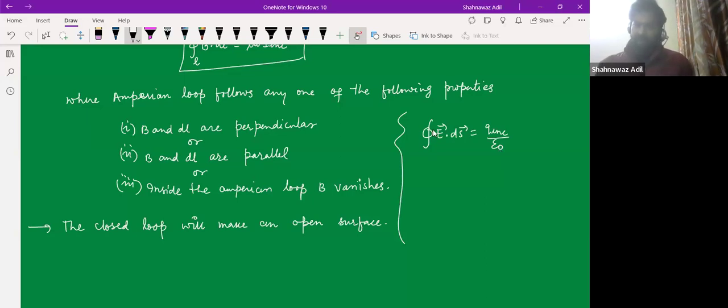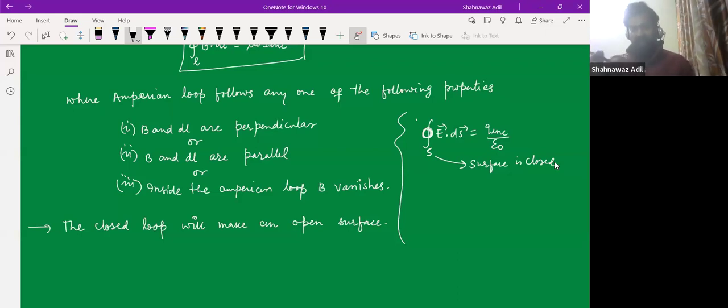So in here also you got this closed loop, but this loop was for the closed surface. In this one, the surface is closed like a sphere, or like a cylindrical thing which is closed, or let's say you have a cube. Those are closed shapes, right?